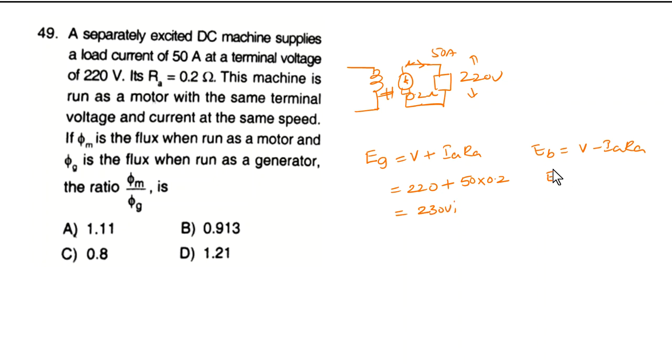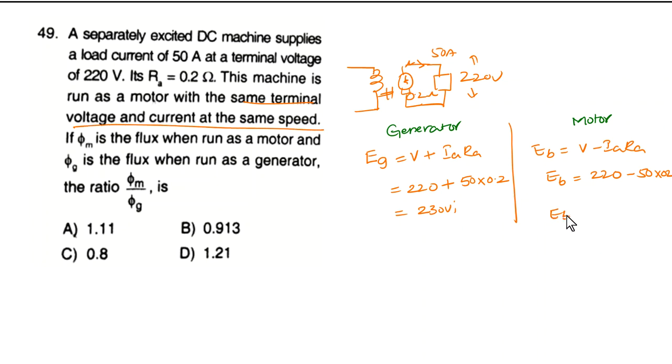Here I am talking about the machine as a generator, and now about the machine as a motor. The back EMF EB is equal to 220 minus 50 into 0.1, because they said the same terminal voltage and current at the same speed.